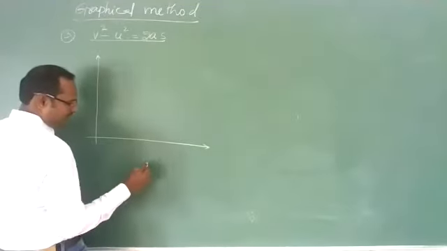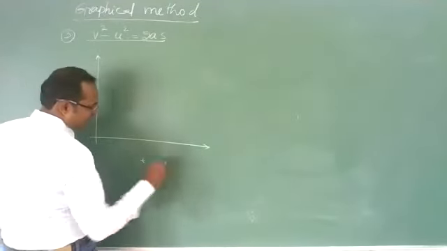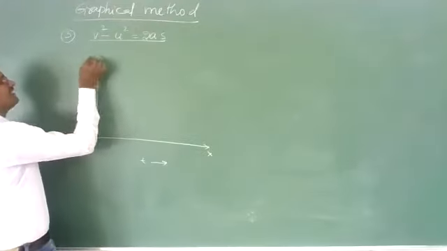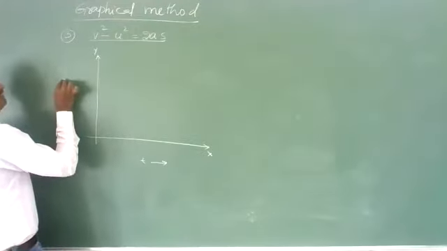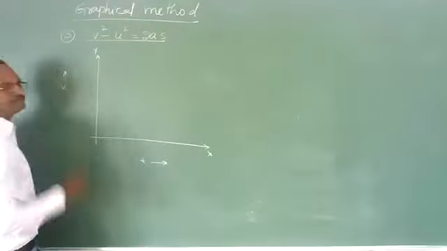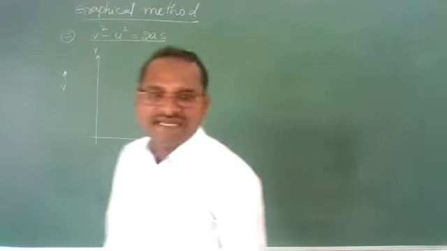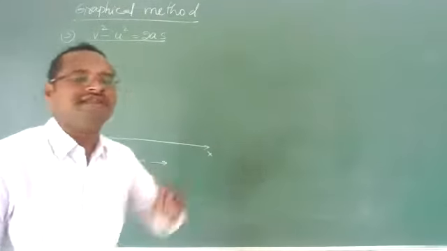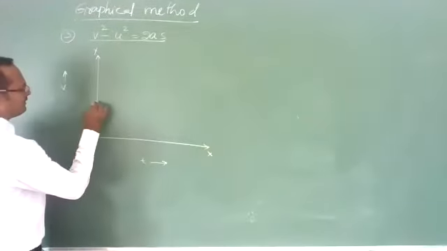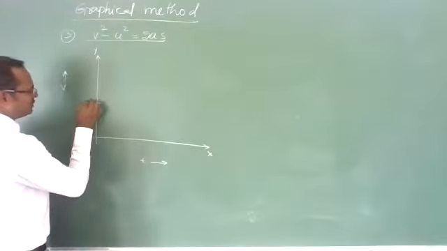This is the time axis, the x axis, and this is the velocity y axis. Again, I am considering that a vehicle is starting from some initial velocity u.